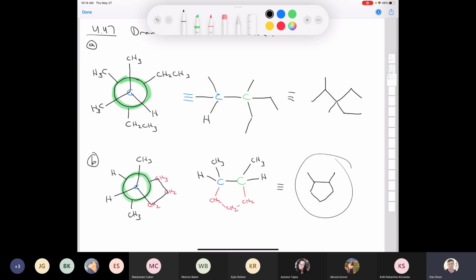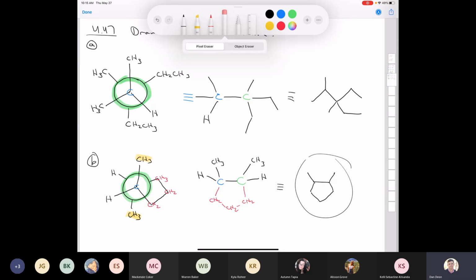Could anybody tell me what it is? It has to do with the relationship of this methyl group and this methyl group. So if you're unsure, I can help you out with it.